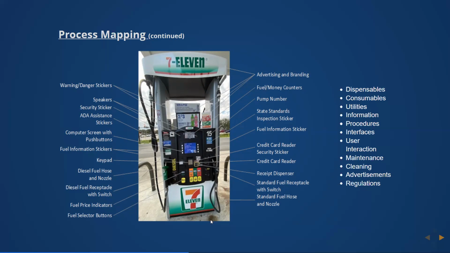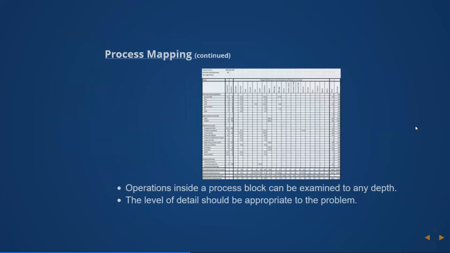You notice there's a stain here where stuff leaks onto the ground and that may require cleaning. There are a bunch of advertisements set out, and those probably rotate over time. So there's as much going on there as you want to think about.